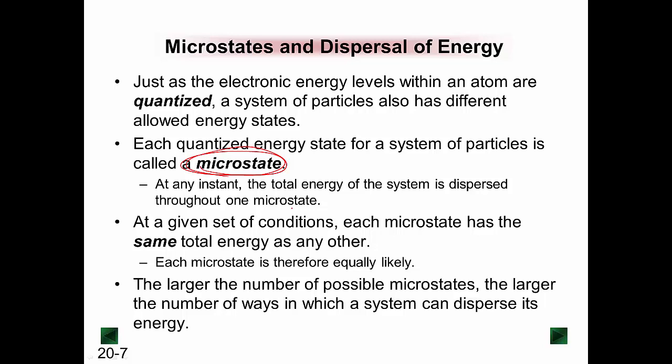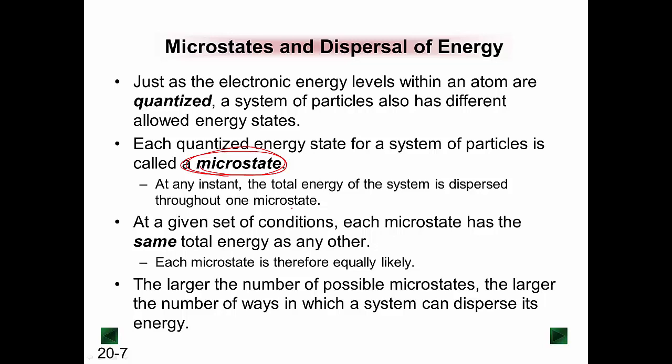So this would basically be a system of particles that are in different energy states themselves. The individual particles being in different energy states will add up to a total energy state for the system, and it would be a quantized energy state for a system of particles.